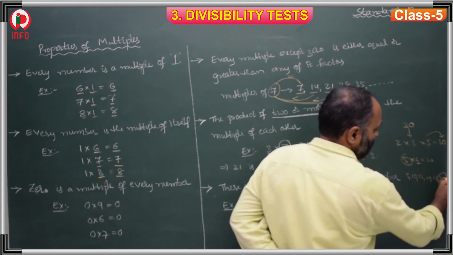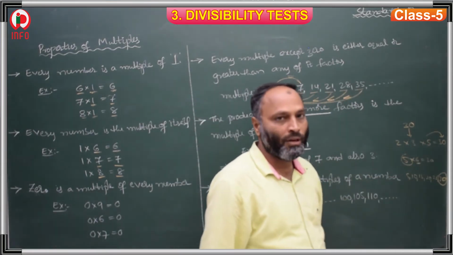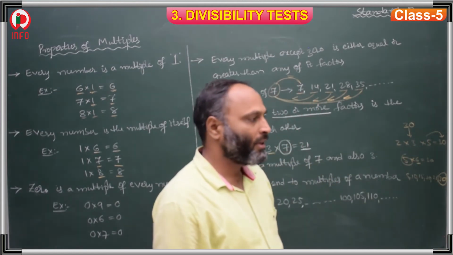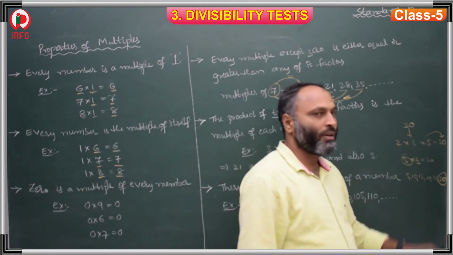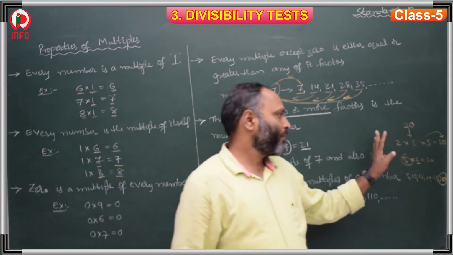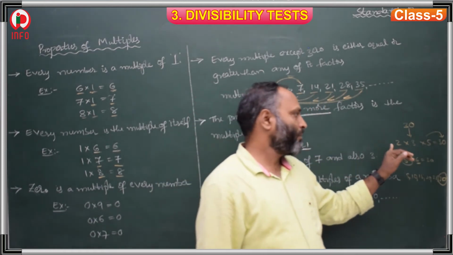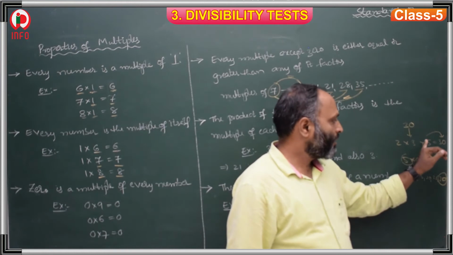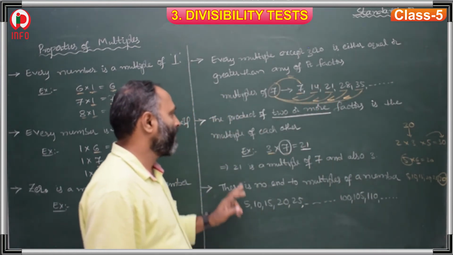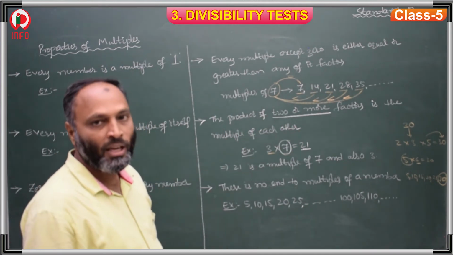In the 5 table 30 is there, so 30 is a multiple of 5. 30 is a multiple of 3 also, 3 10s are 30. And 30 is a multiple of 2 also, 2 15s are 30. So if a number is the product of 2 or more numbers, then that product is a multiple of each of those numbers. He is saying that the product of 2 or more factors is a multiple of each of them.